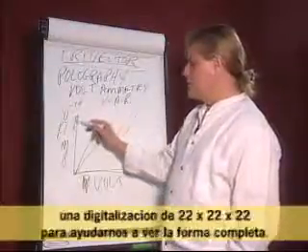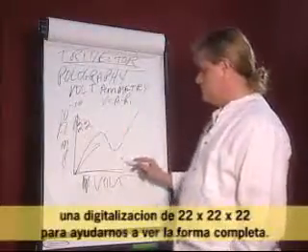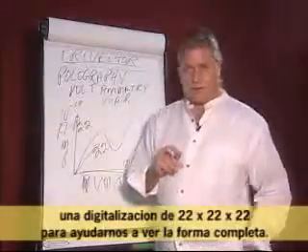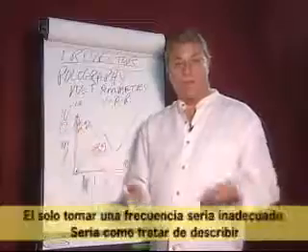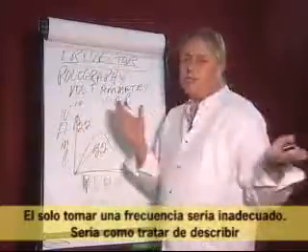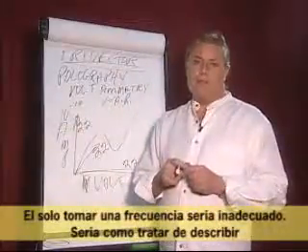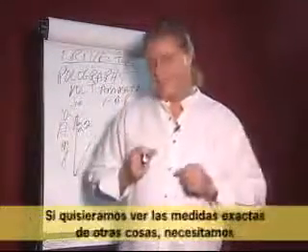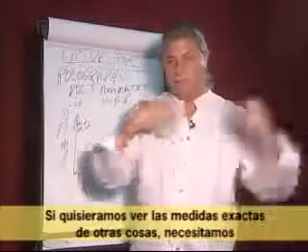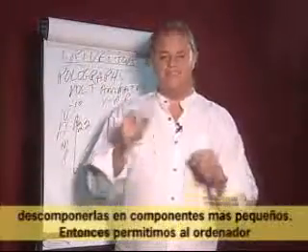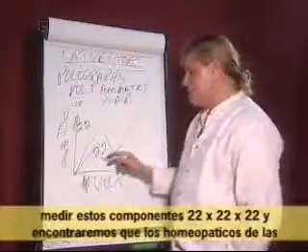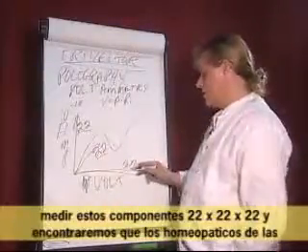As we measure this, we've used a 22 by 22 by 22 digitization to help us see the total shape. To just take one frequency would be inadequate. That would be like trying to describe my shape with just one frequency, whereas actually it's very much of a digitization. If we wanted to see exactly the measurements of other things, we really need to break it up into smaller components. We allow the computer to then measure these items, 22 by 22 by 22.